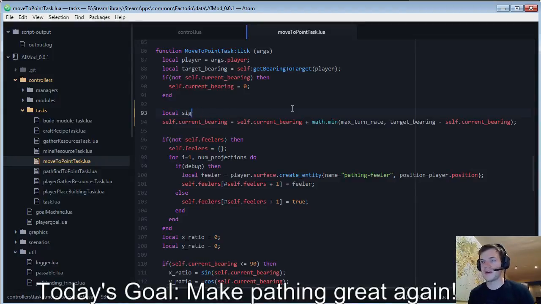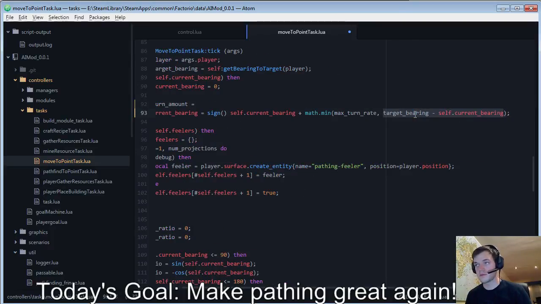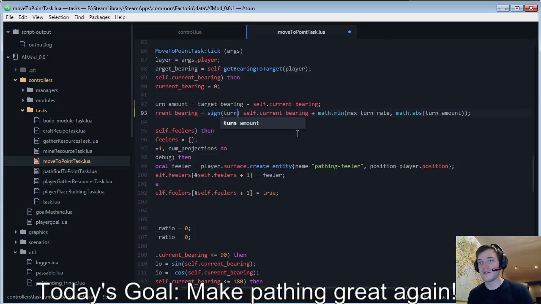This is a bad sign. Okay. So, sign of turn amount, it's fine. This is going to be math.abs turn amount. And then all of that is going to be times the sign of the turn amount.